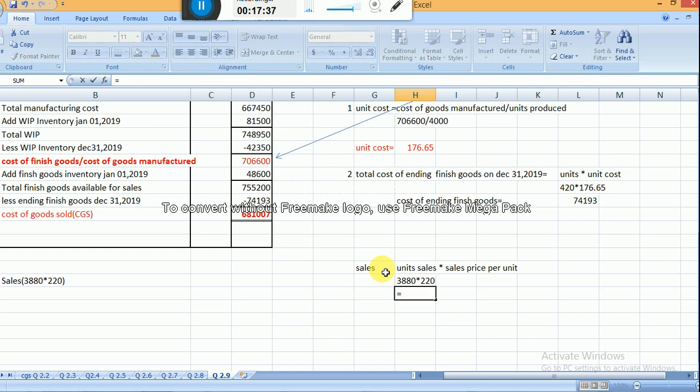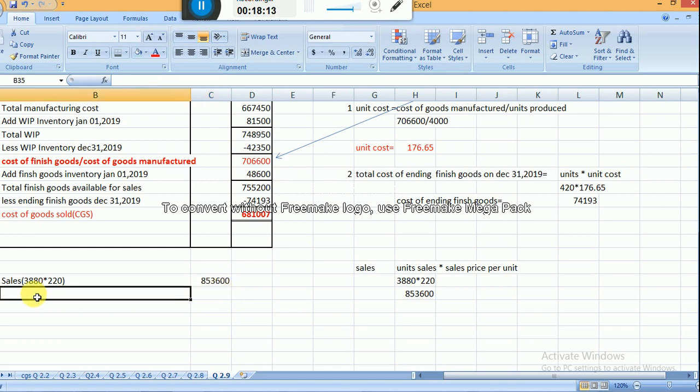So 3,880 multiplied by 220 is 8,53,600. From sales we will subtract the cost of goods sold, the goods which we sold.